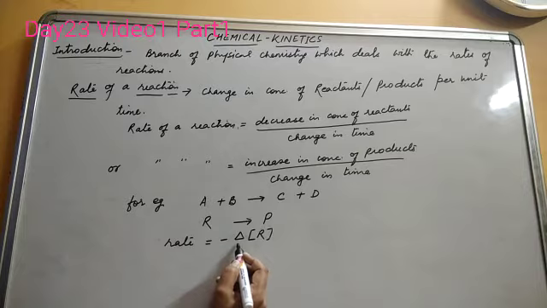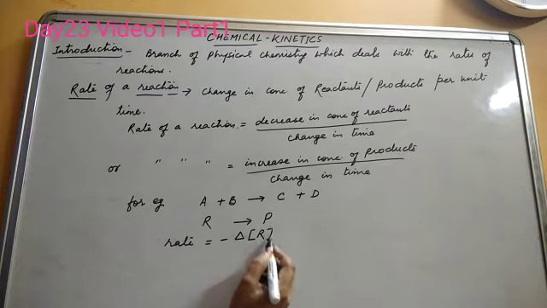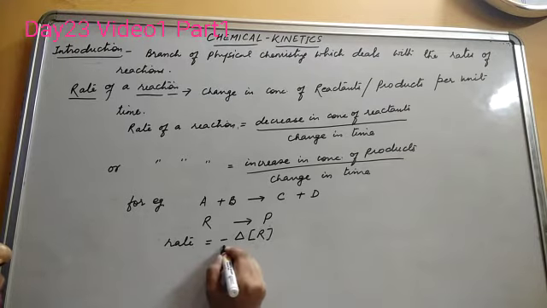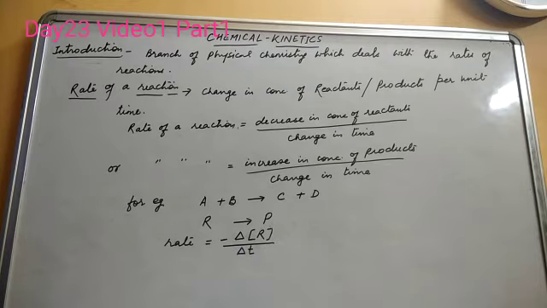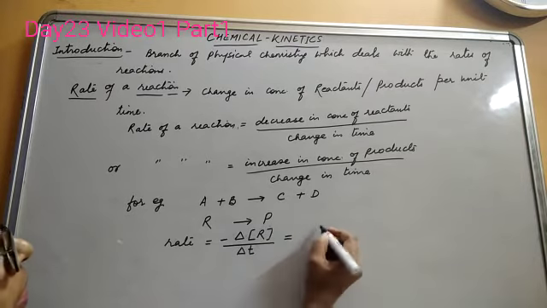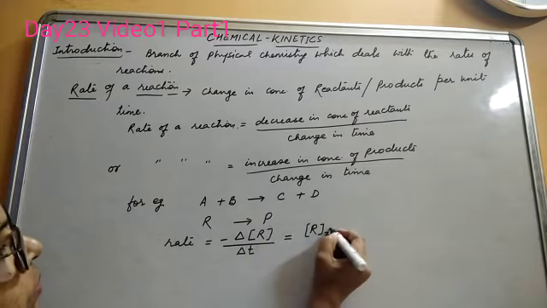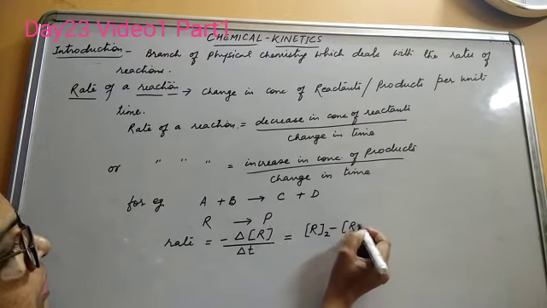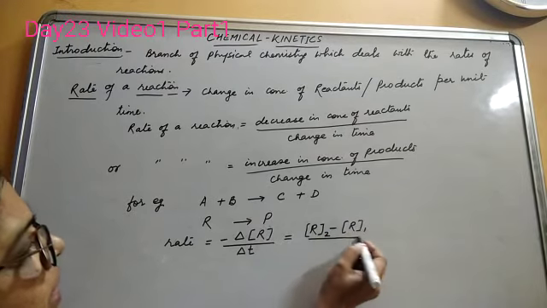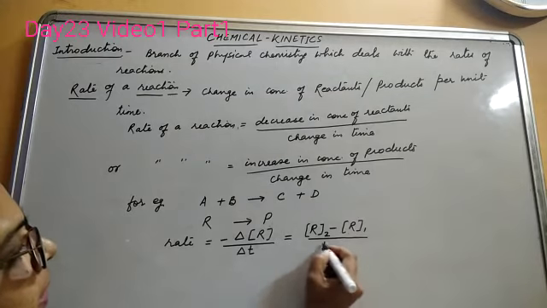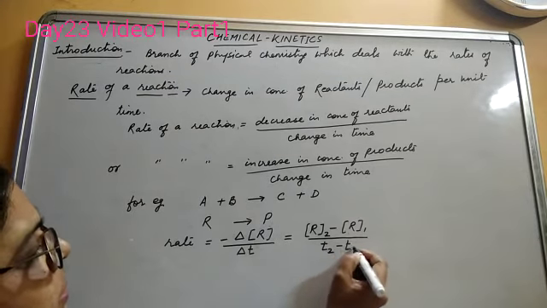Delta means change, square brackets show concentration of reactants in moles per liter, upon change in time. That is final concentration of reactant, R2, minus initial concentration of reactant R1, upon final time minus initial time of the reaction.